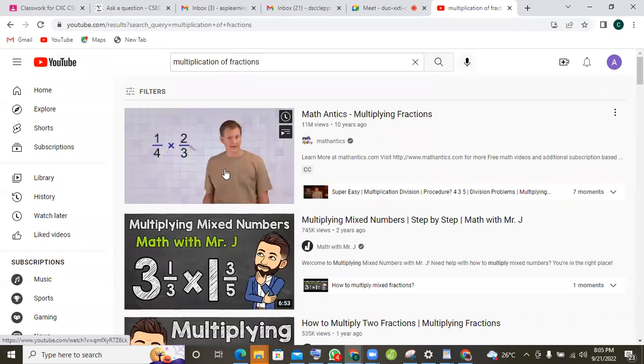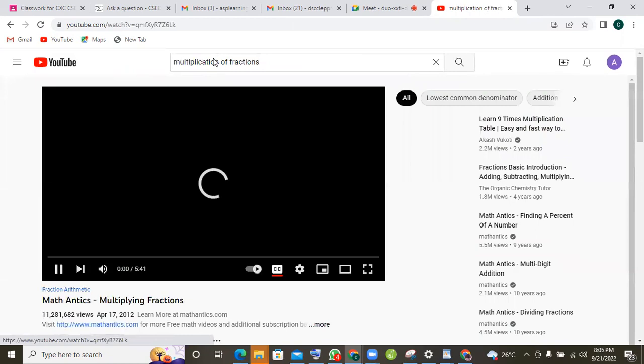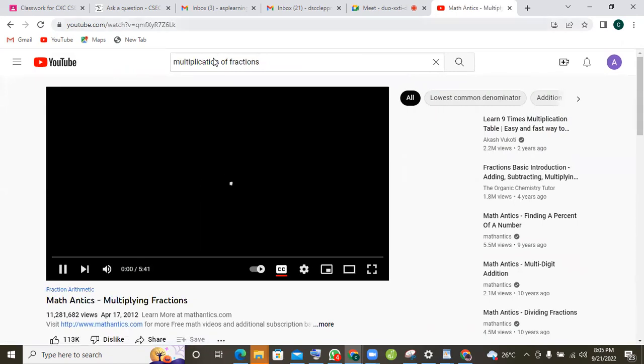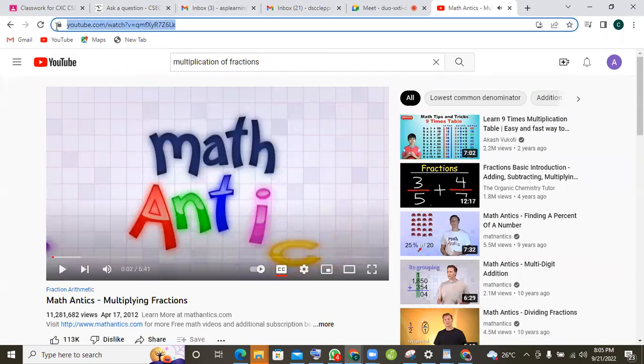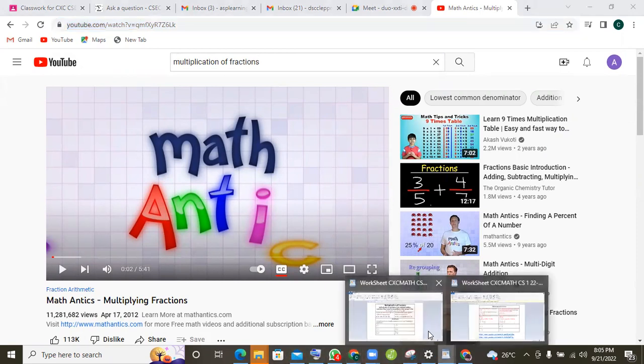Math Antics, very common. Let's check it out. Multiplication of fractions. And you just simply copy and paste it, you look at it. Okay, there are many videos on multiplying fractions.